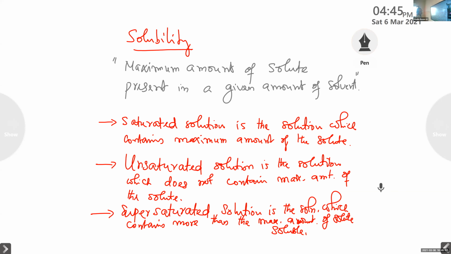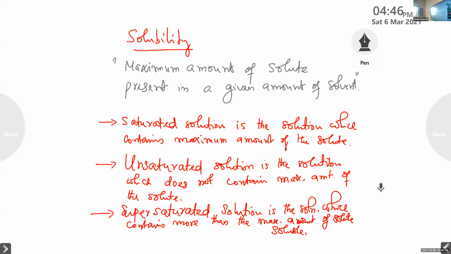There are certain solutions in which there will be more solute than in the saturated solution. That also will happen in some cases, and that solution is called a supersaturated solution.